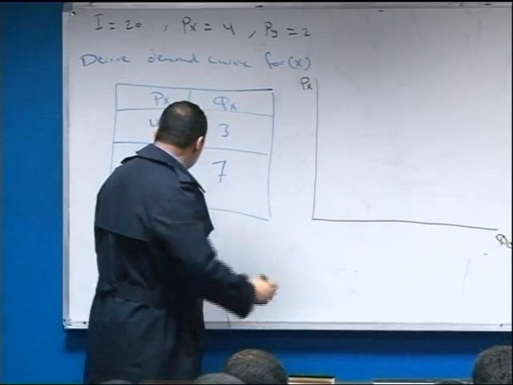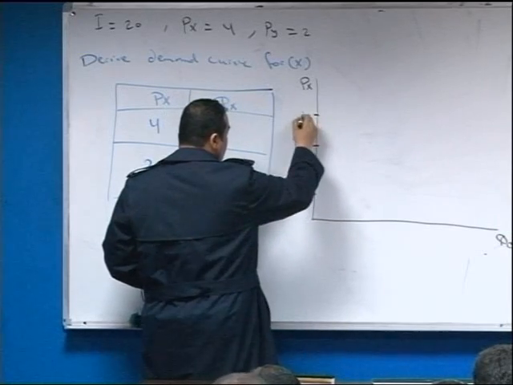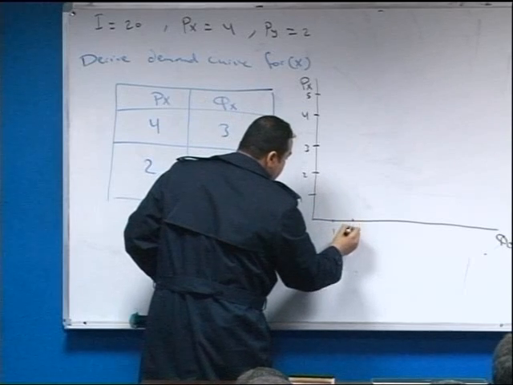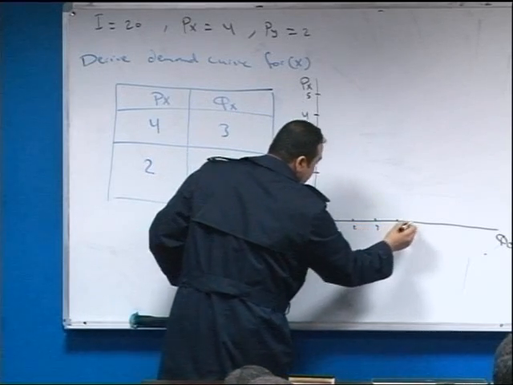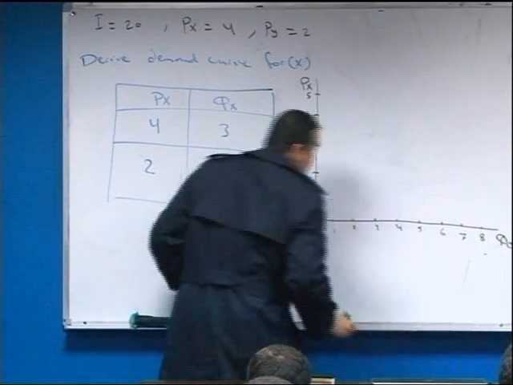The price of X, the quantity demanded of X. The price of X, 1, 2, 3, 4, 5. 1, 2, 3, 4, 5, 6, 7, 8.